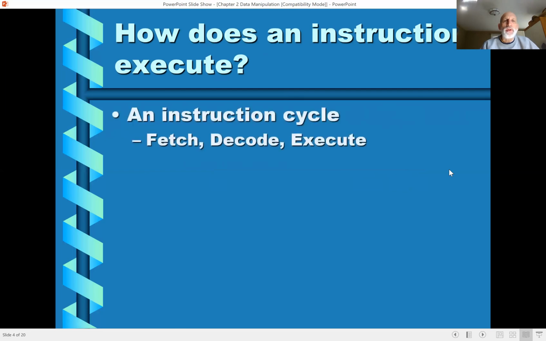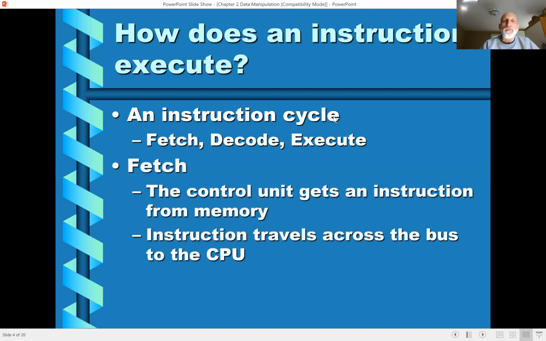An instruction executes through a cycle of events known as, and this is important, this is on your test, fetch, decode, and execute. This happens over and over again, hundreds of millions of times per second, very fast. First, fetch means an instruction travels across the data bus from memory over to the CPU. The first stop is the control unit.